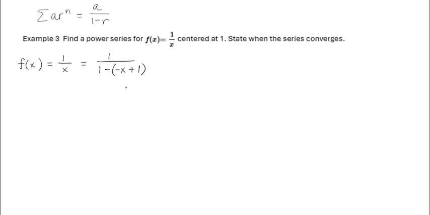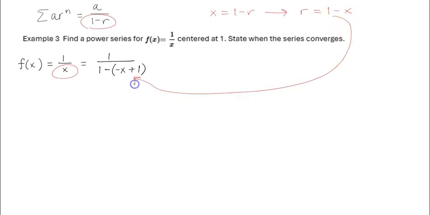Another way you could have done that is that these things have to be the same as what you're trying to match. So you need x to equal 1 minus r, and then you could just solve this equation for r. If you solve for r, you would get that r is equal to 1 minus x, which is exactly what I have inside here, just written in a different order, and that doesn't matter, as long as you make sure you have your signs correct.